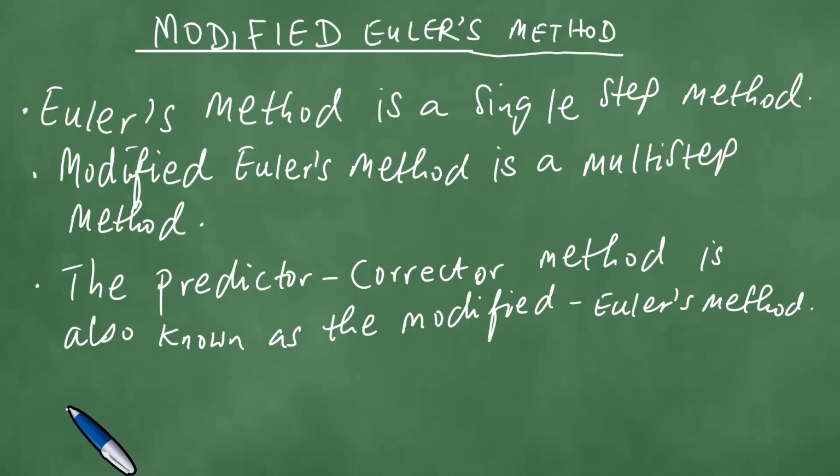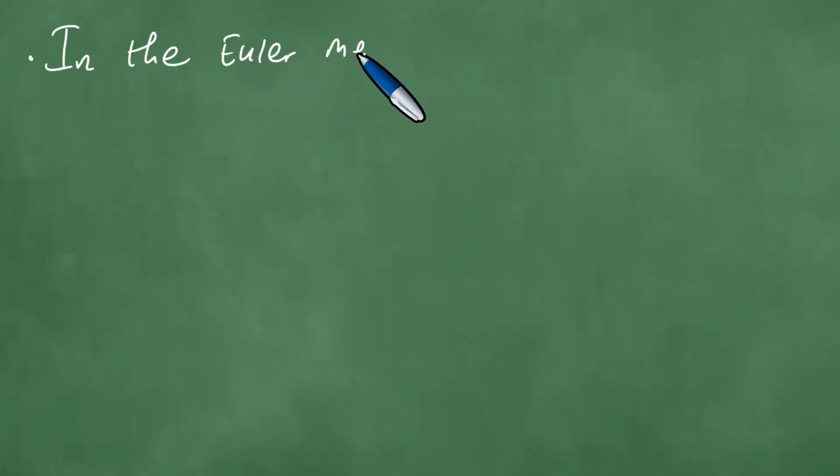I want to make mention of a couple of things before we move on. In the Euler method, we're just having a discussion about the distinction here.